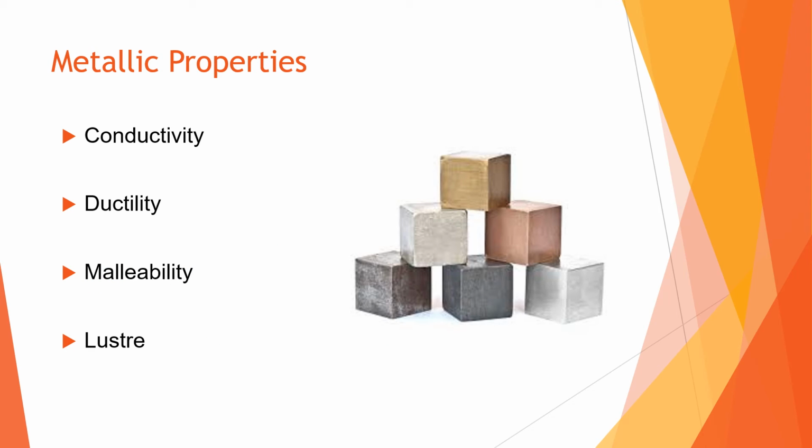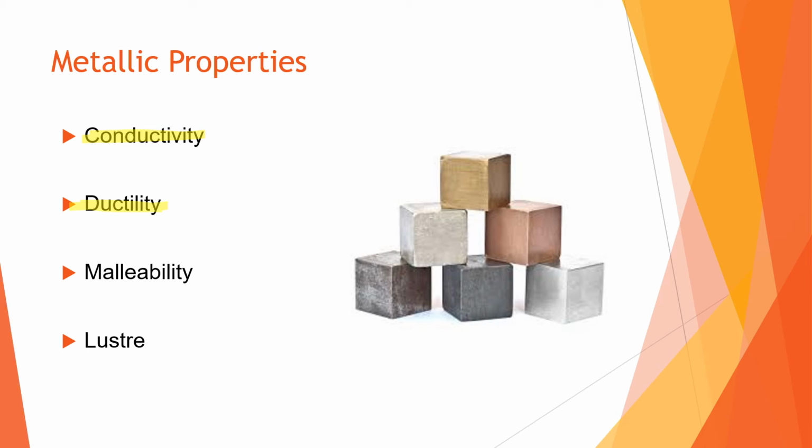Here we're looking at metallic properties. These are properties of metals. Metals tend to have metallic properties, physical properties that describe metals. Metals tend to be very conductive, so they have the ability to conduct electricity.